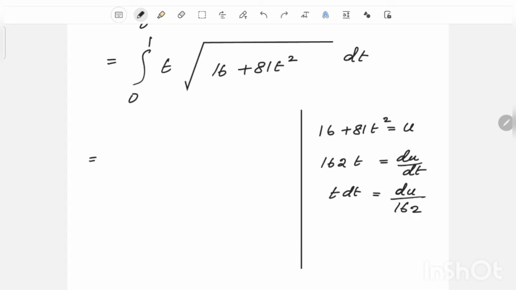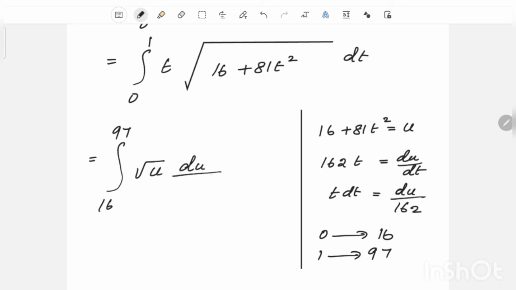And here the limit changes from 0 to 16 and 1 to 97. So the integral becomes the integral from 16 to 97 of root u du by 162.